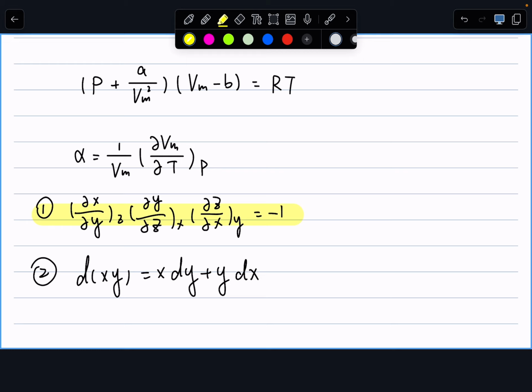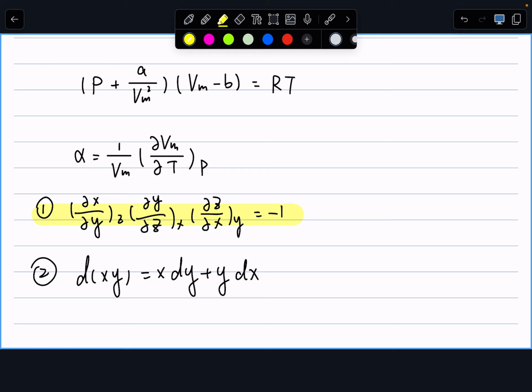And then what we want to do is take the partial derivative of P over Vm at constant T. In this case, we have Vm here, we have Vm here. So effectively, the relation we're going to use is d(x^n)/dx equals n x^(n-1).